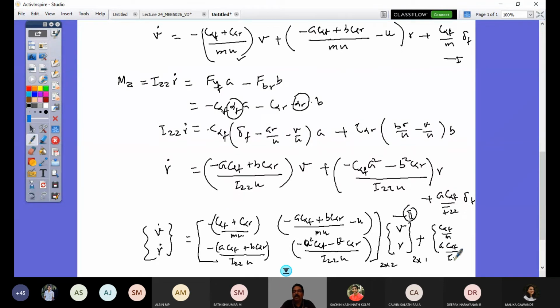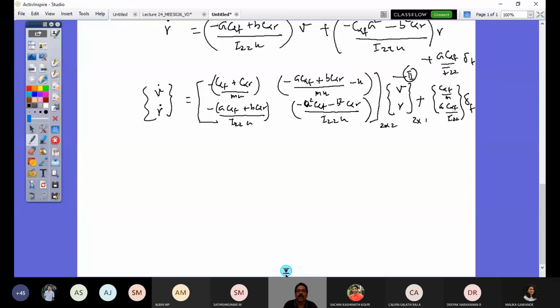I could combine equation 1 and 2, correct? So I can rewrite this in a condensed form, q dot. What is the q dot vector?